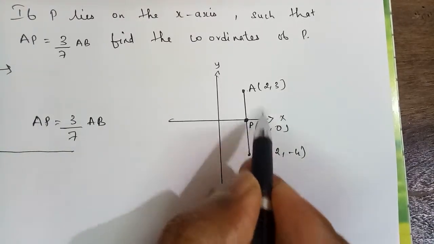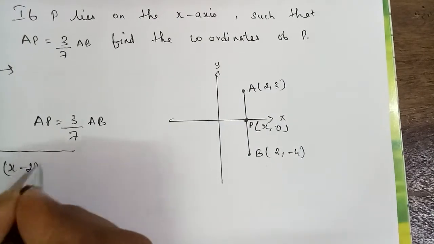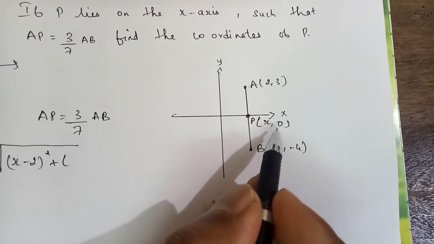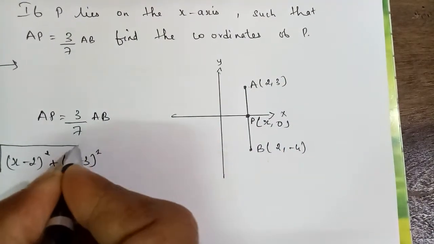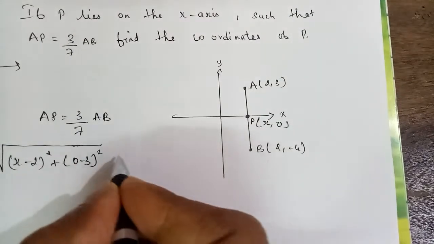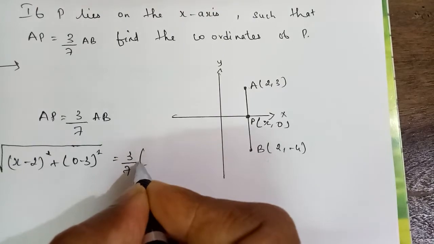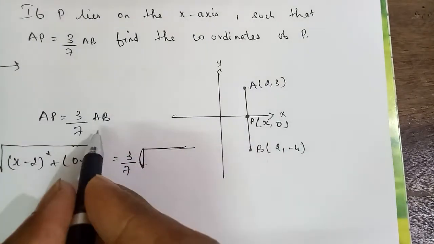What is the formula? Square root of (x minus 2) the whole square plus (0 minus 3) the whole square, that is equal to 3/7 into square root of AB.